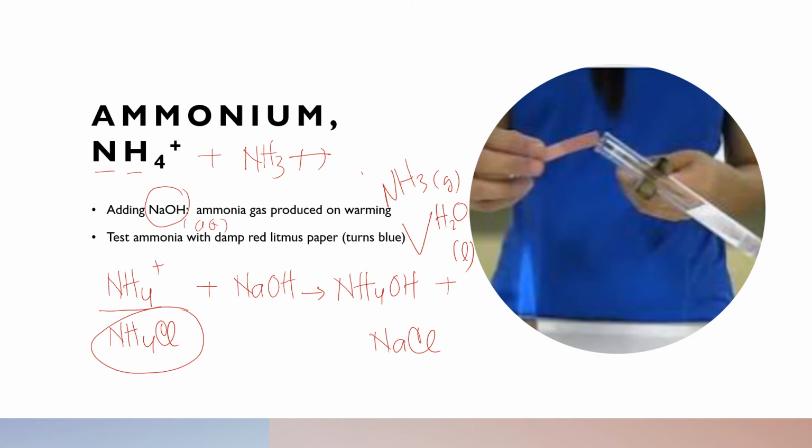Then the NH3 gas produced from the reaction we test by using damp red litmus paper, which will turn blue.